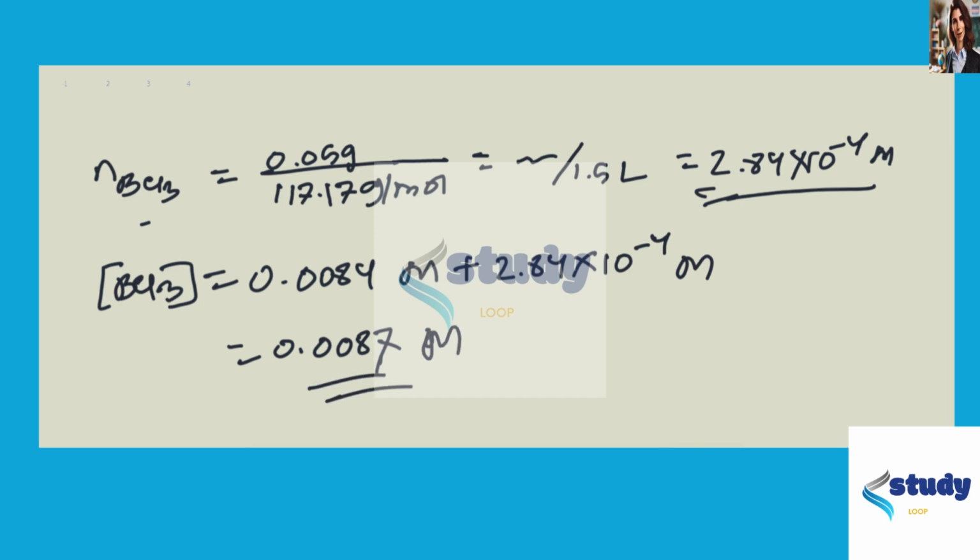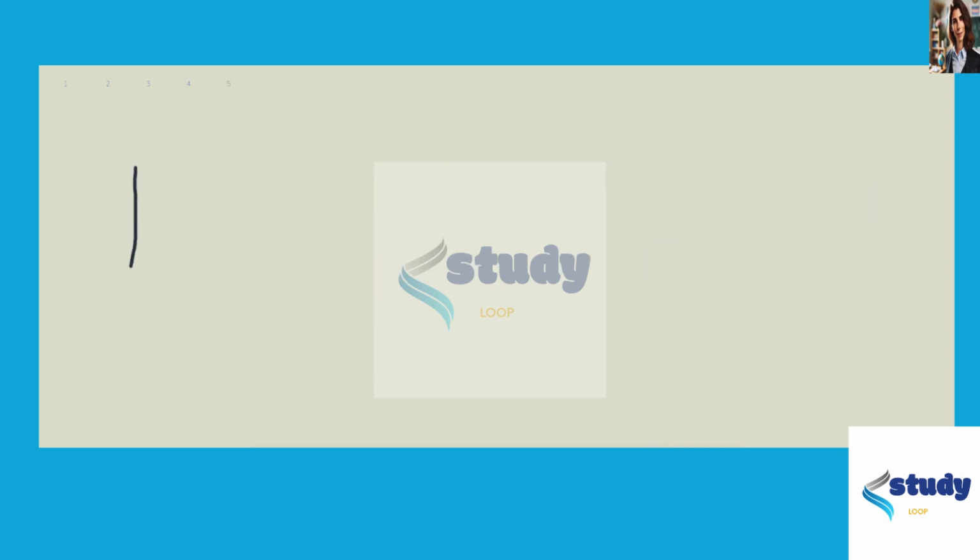This is the initial concentration of BCl3, including the mass of BCl3 added. So now we know the initial concentration of both the products. Now we have to set up the ICE table for this reaction. From there we'll be able to find the equilibrium concentration of PH3.